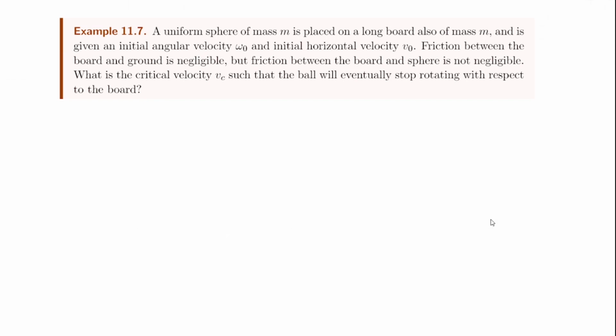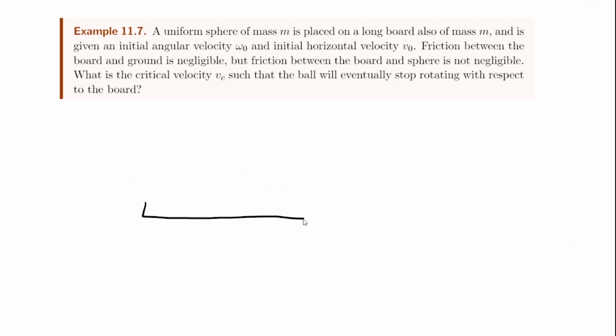Alright, there are actually two ways to approach this problem, and I'll present both of them because they're both valid and useful. Sometimes one is more useful than the other. I'll start off with a direct analysis using force and torque.